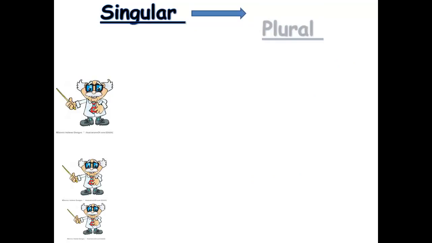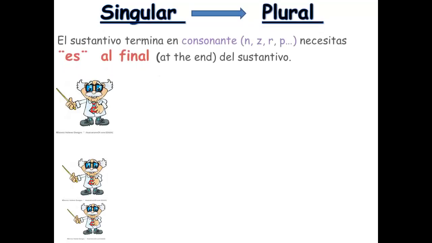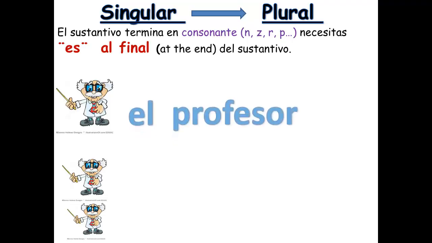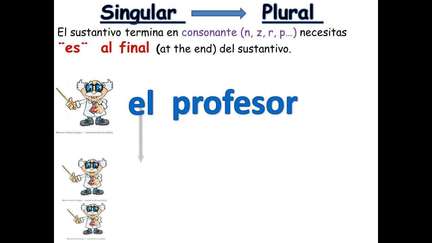And now let's talk a little bit about nouns that end in a consonant. So these are just slightly different. So instead of adding an s at the end of the sustantivo, you add an es, or es in español. You add es at the end of the sustantivo. So el profesor, el obviously becomes los.